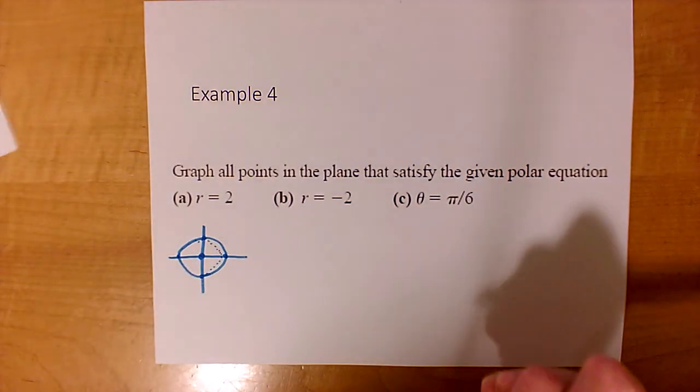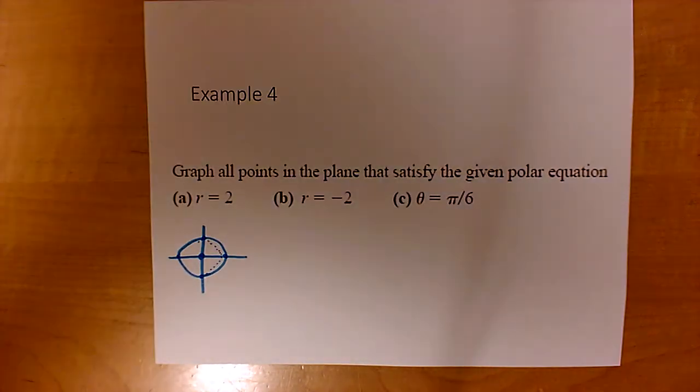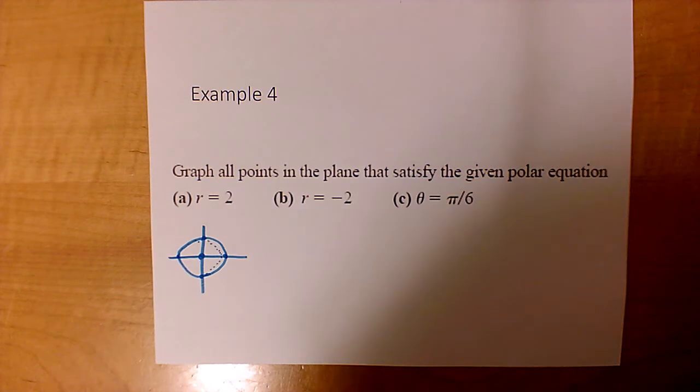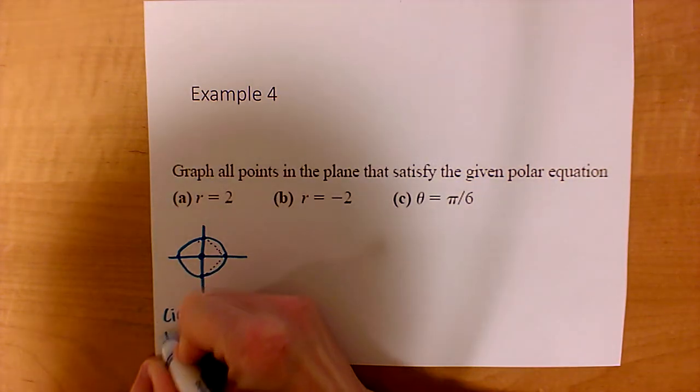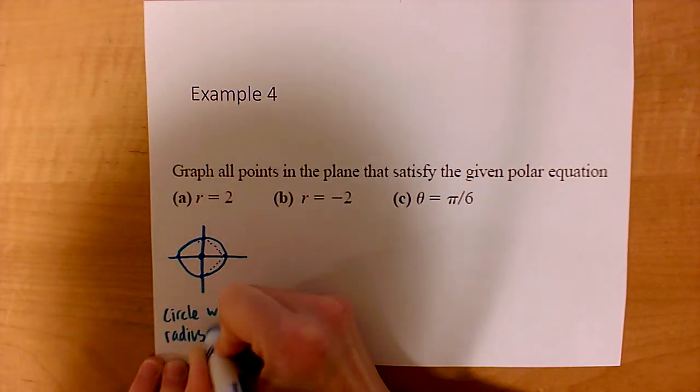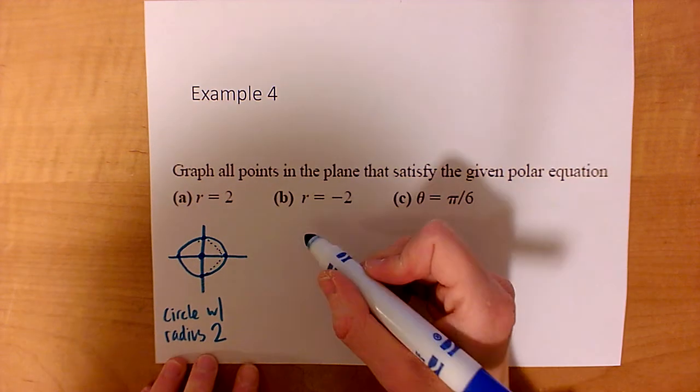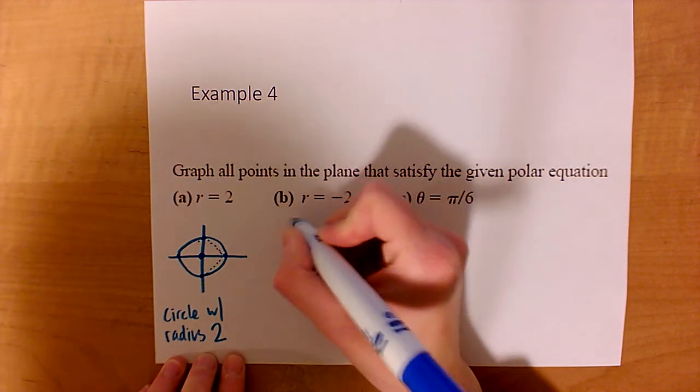Okay, so the answer to this, right, is just going to be a circle with radius 2. And then this one is going to be the same thing.